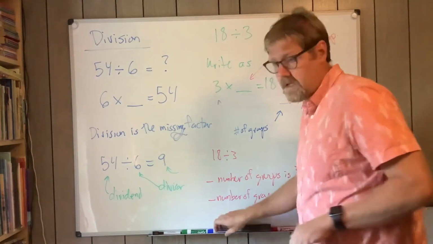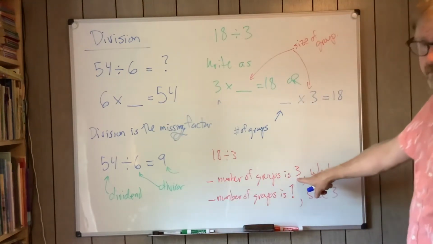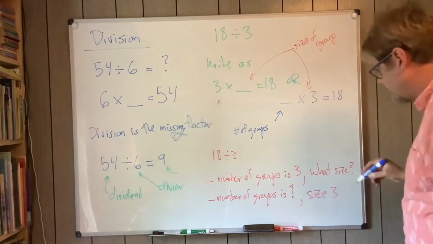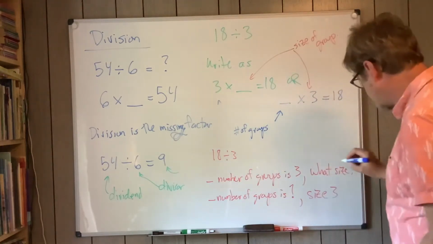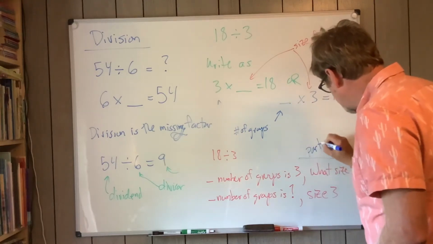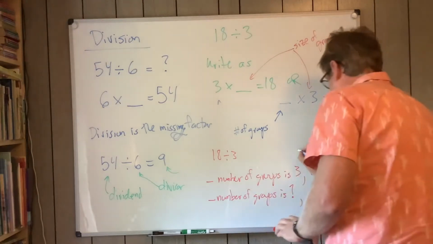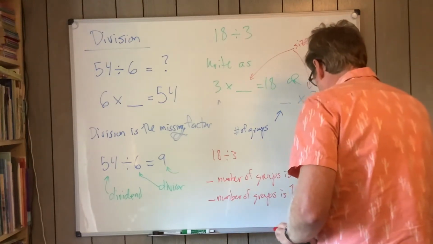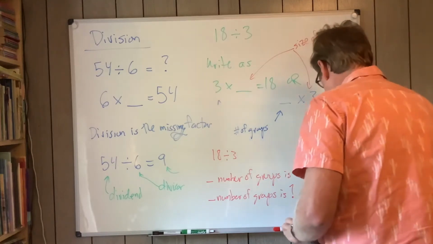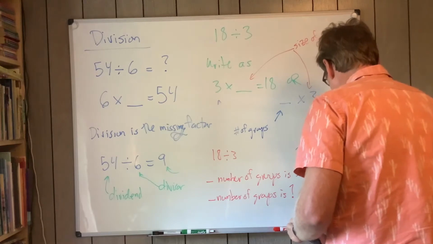If I know the number of groups, often called the number of parts, that is the partitive interpretation.